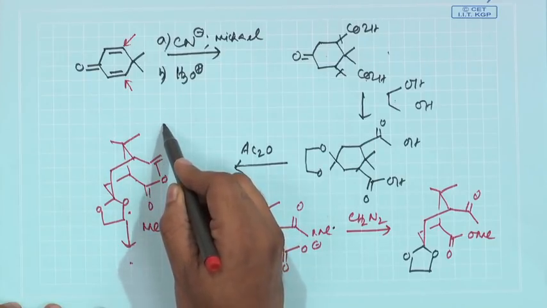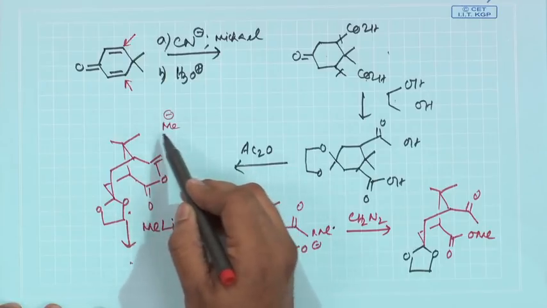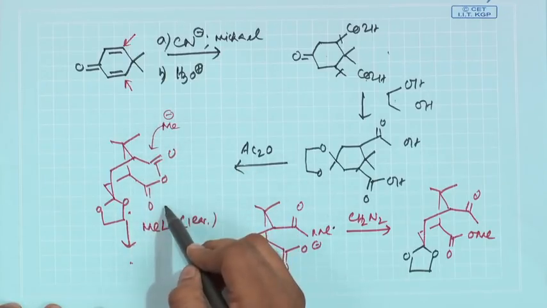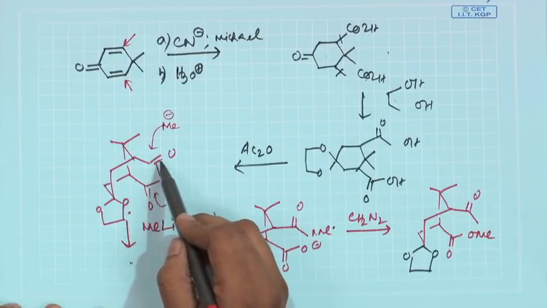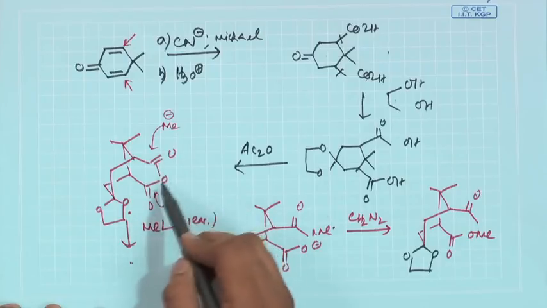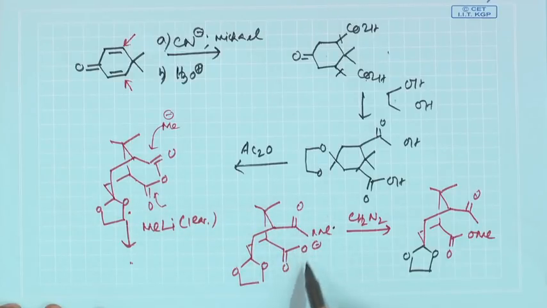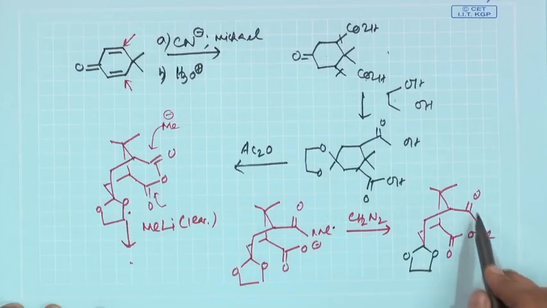Methyl lithium, acting as a Me minus, will attack here or here. It will basically give you O minus Me, which then collapses and opens up to give you the ketone and the corresponding carboxylate anion. Now, this is immediately trapped with diazomethane to give you this COMe, CO2Me.